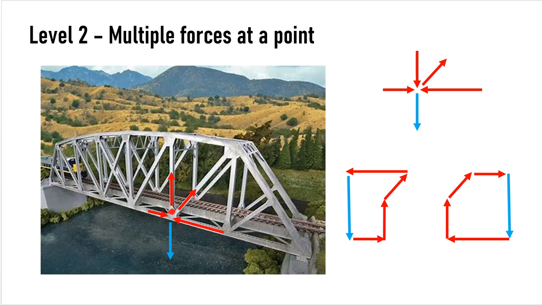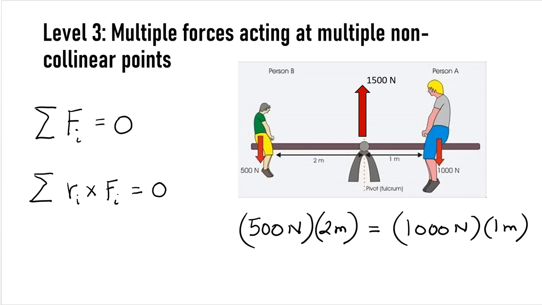Now, a step up from this would be multiple forces acting at multiple non-collinear points. In this case, it's not enough to say that the sum of forces equals 0. Because when you have multiple forces acting at multiple non-collinear points, you can end up with a situation of two forces equal and opposite, but acting eccentrically, like this.